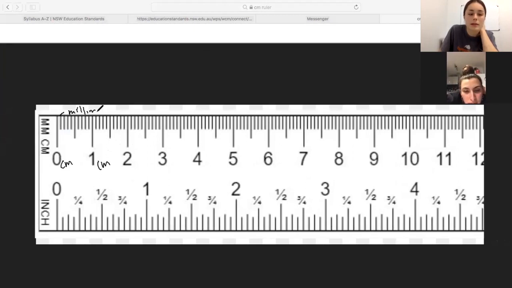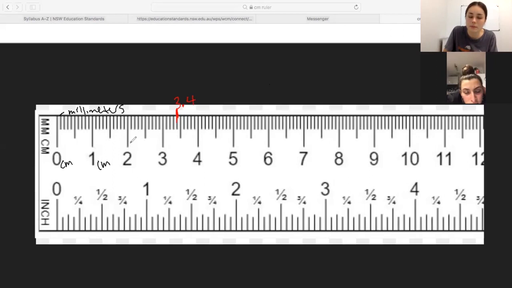And so if the marker was at like 3.4 here, and they said, what's the smallest unit of measurement for 3.4? It's pretty easy to think the smallest unit of measurement on a centimeter ruler would be millimeters.